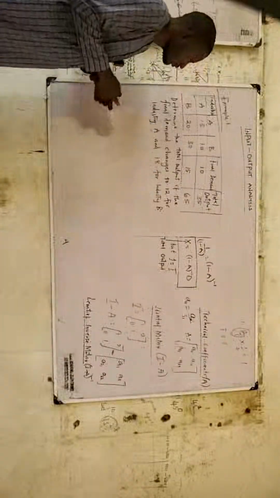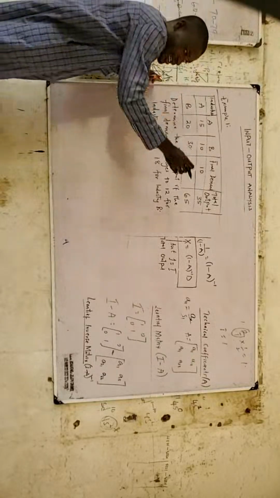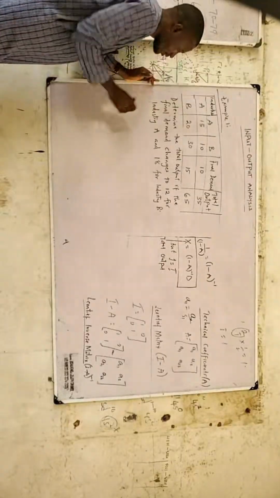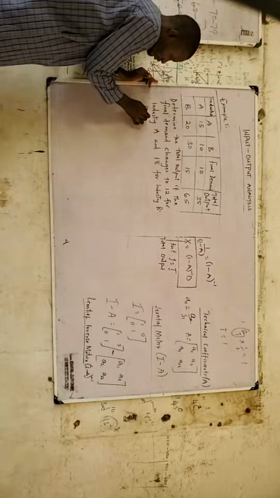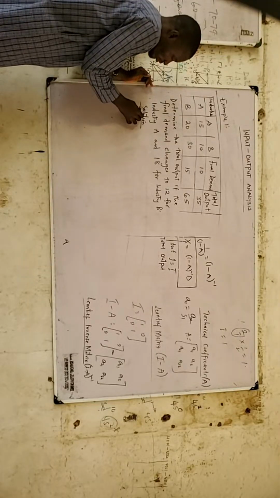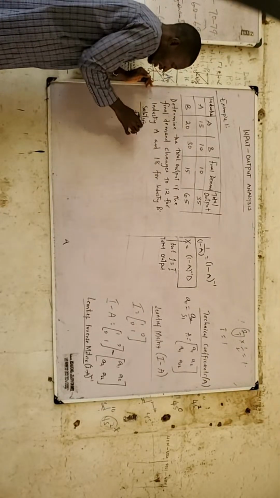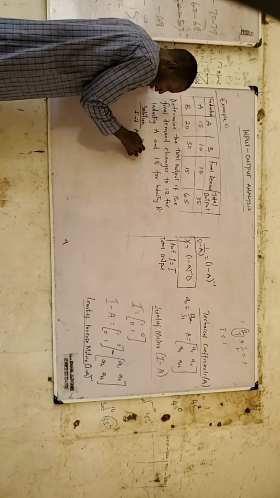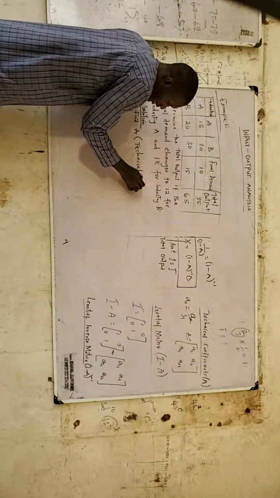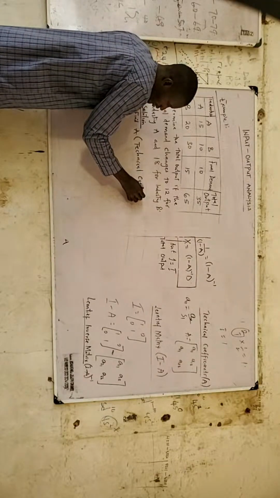So now, the first thing is for us to get matrix A. Find A. And this A is a technical coefficient.